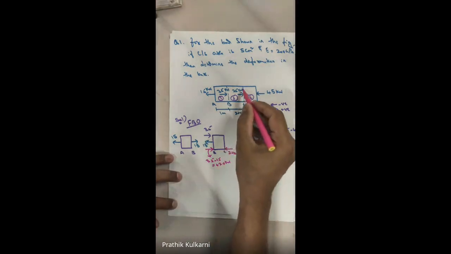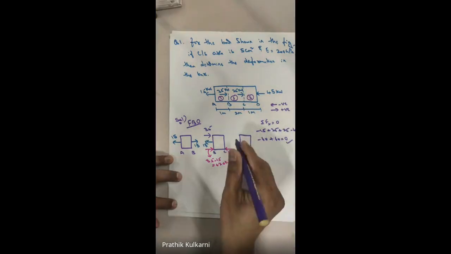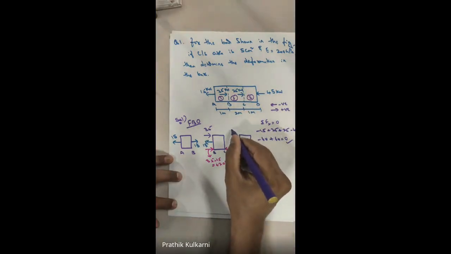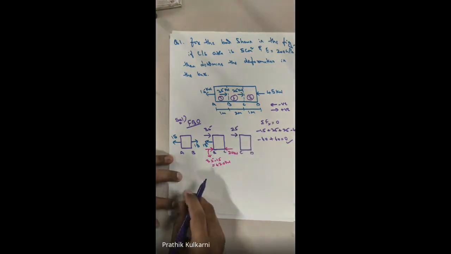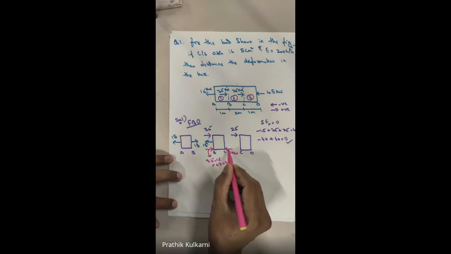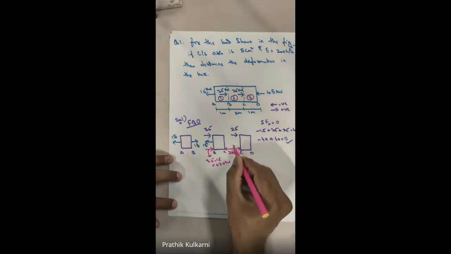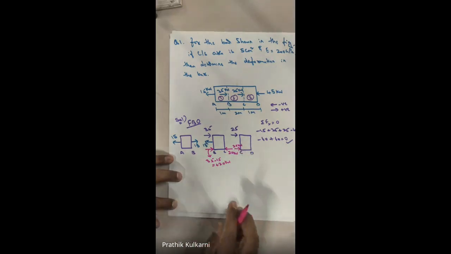But if you already see on my portion C, what load do I have? I have a load of 25. Yes or no? Okay, that is accepted. If this is 20 kilonewton load, to counteract this one, here I have to apply a load of 20 kilonewton. Very good.